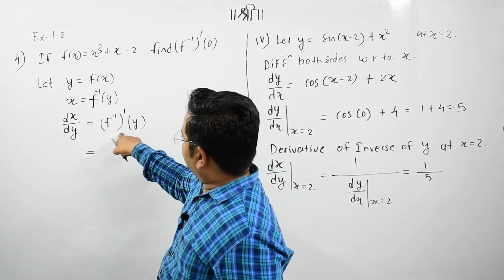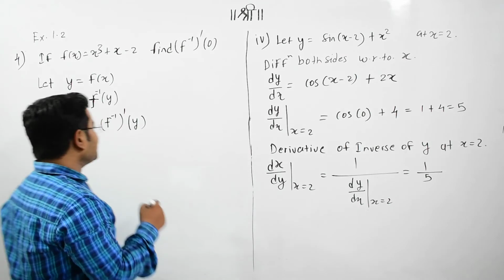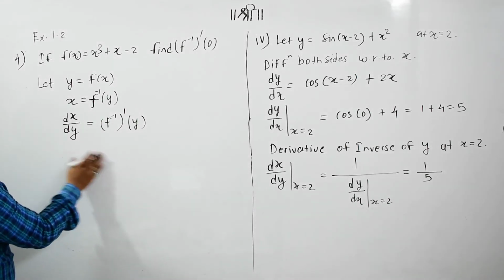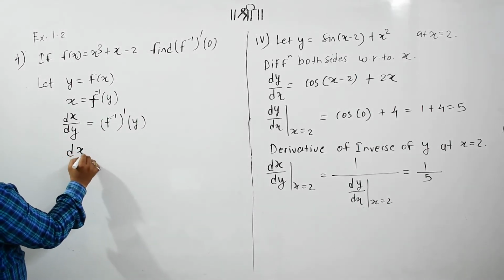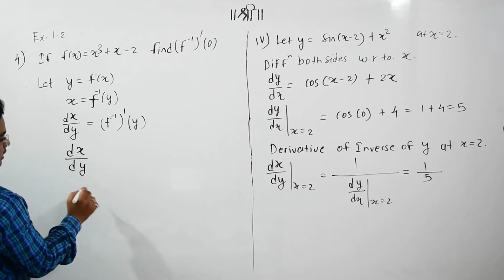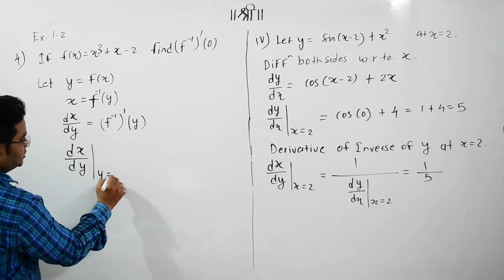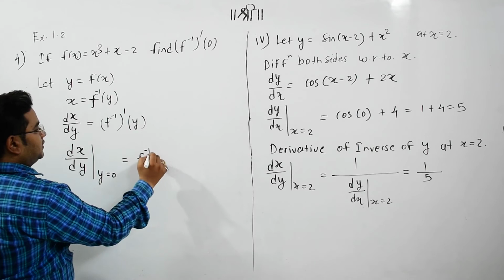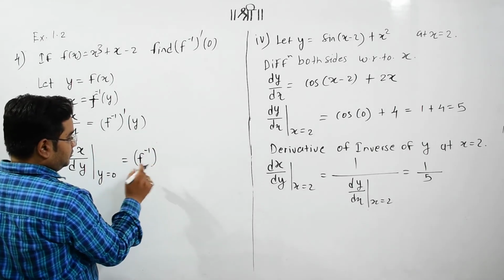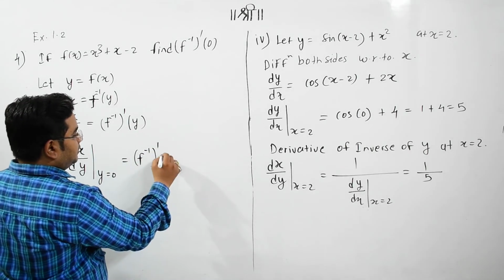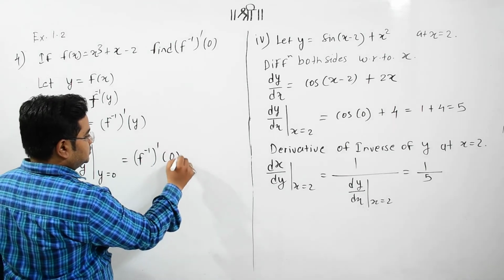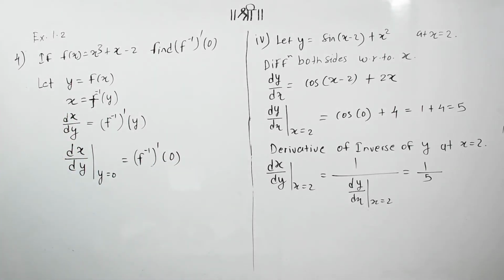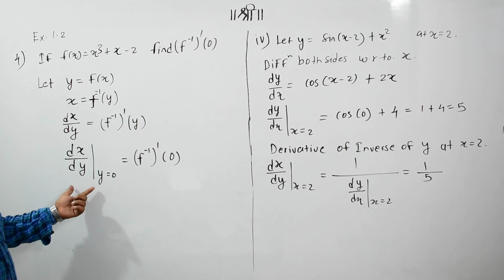So here you need to find, and I would like to mention it properly, dx upon dy at y is equal to 0. So the derivative of f inverse at 0 is what we need to find out, as you can see over here.